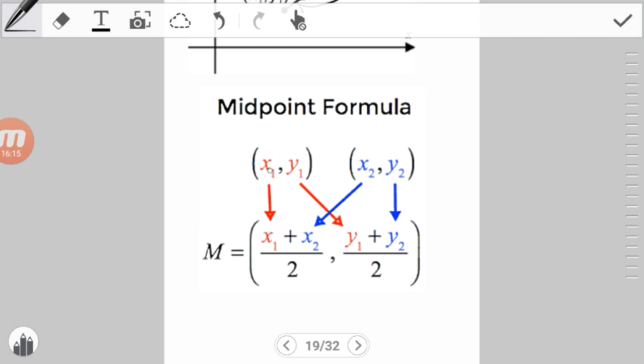We just take the x1 value here and add it to the x2 value here and divide by 2, and we take the y1 value here and add it to the y2 value here and divide by 2. You can follow this formation and the arrows to know which ordinate values you should add to get your formula all set up.